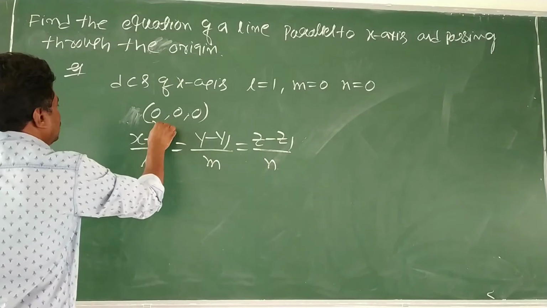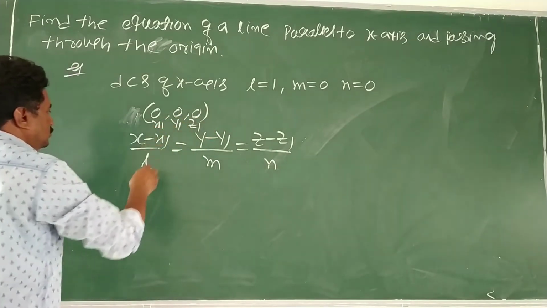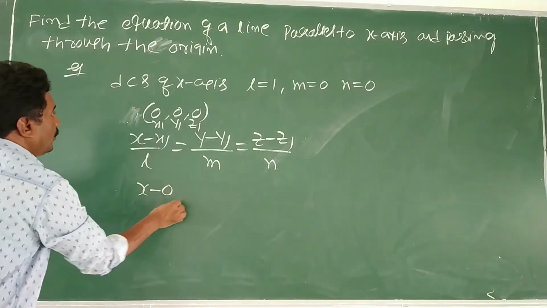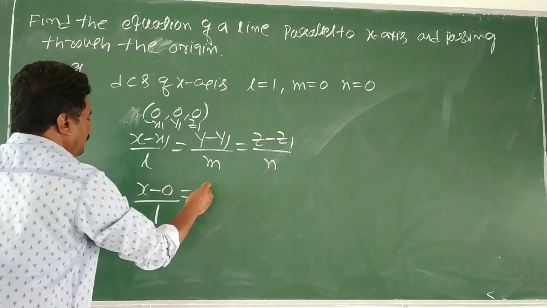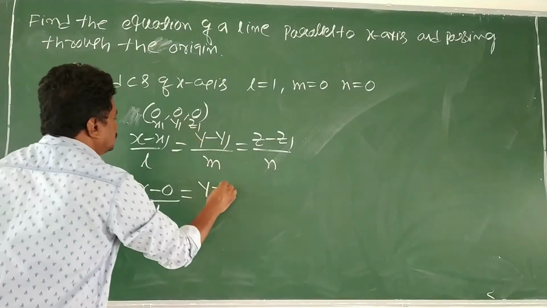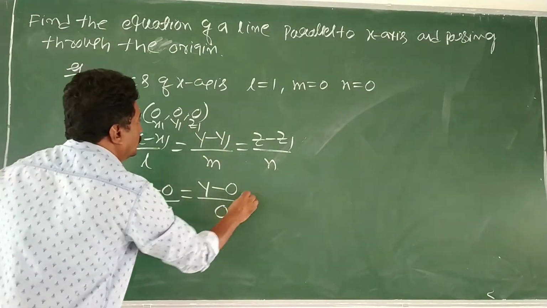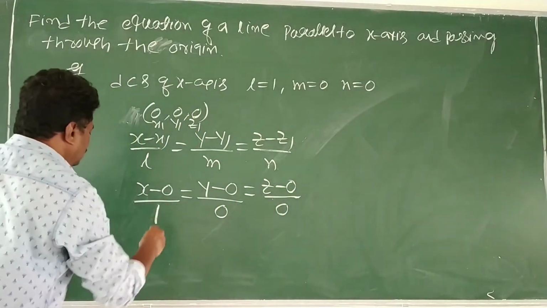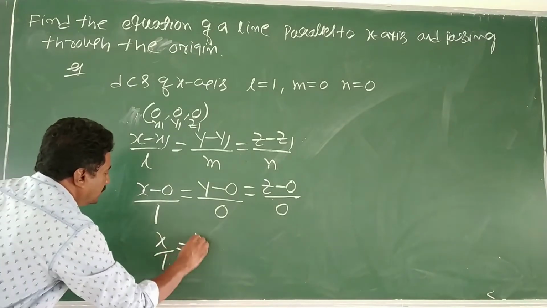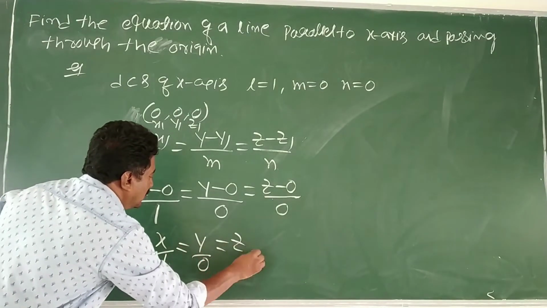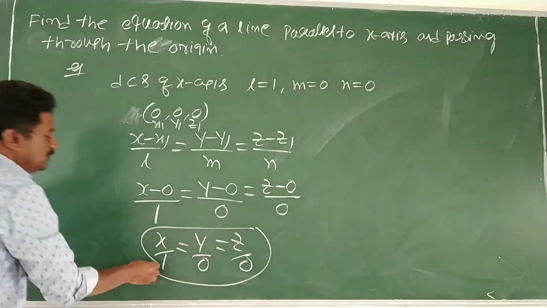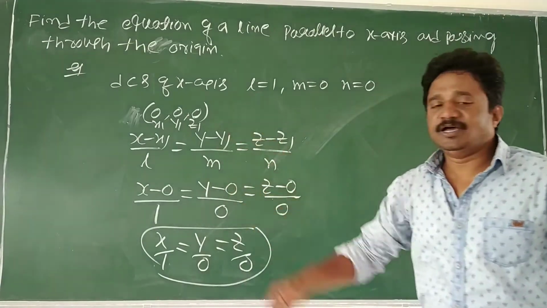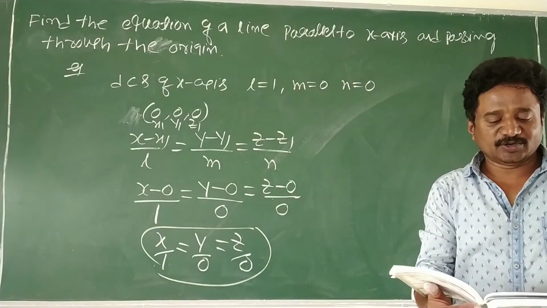So substitute x1, y1, z1. x minus 0 by 1, y minus 0 by 0, z minus 0 by 0, that is x by 1, y by 0, z by 0. This is the equation of the line. So we got the required equation of the line. It is a 2 marks question, students. Let us go for solving one more question.